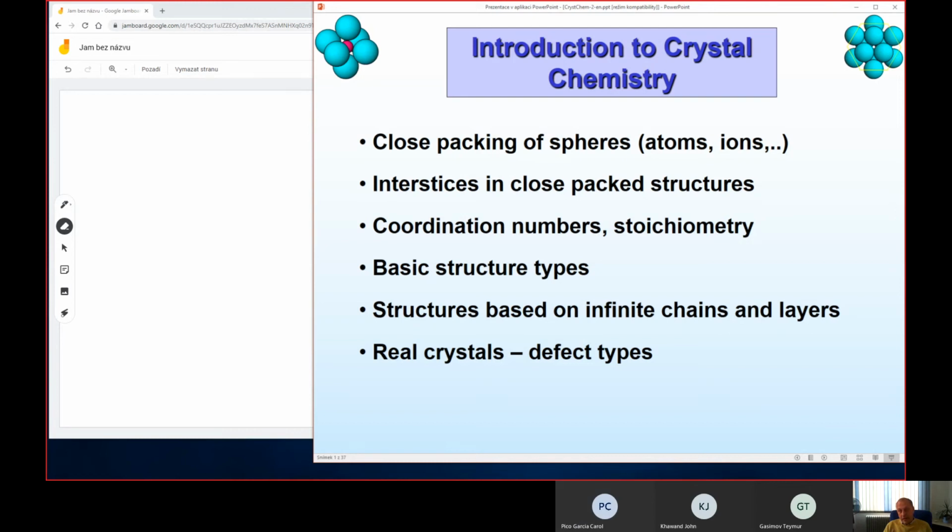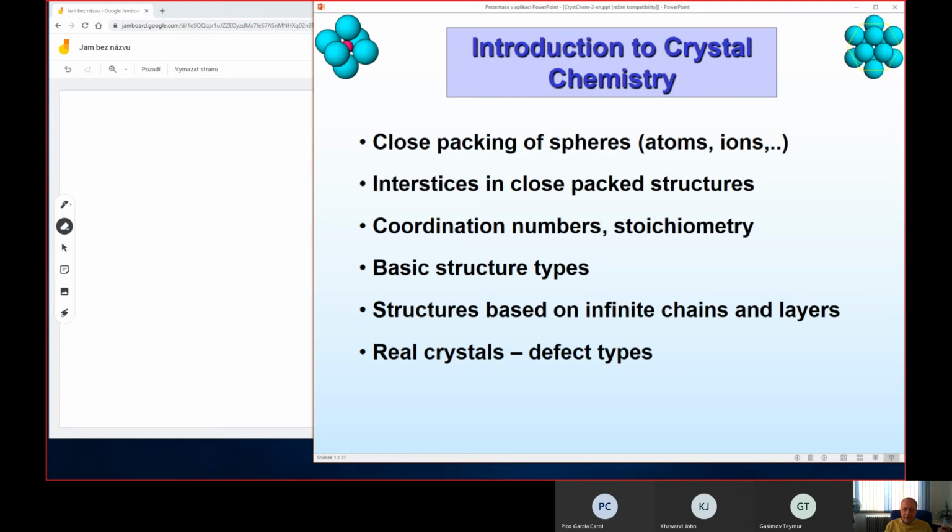And by spheres we mean atoms or ions. This close packing concept is based on the chemical bond, which is not directional. This is a typical bonding scheme in metals, but also in ionic crystals.